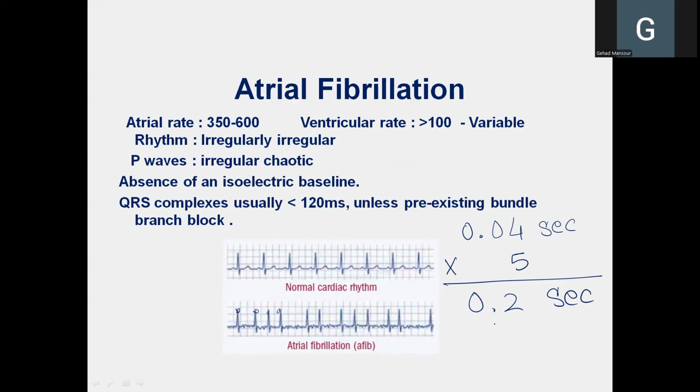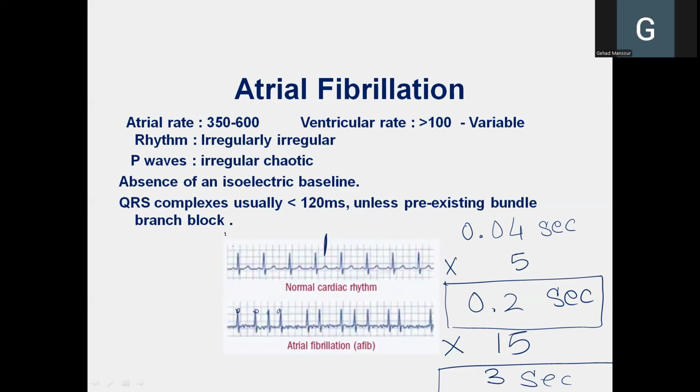If you have 15 big squares, then you multiply 15 by 0.2, 15 by 2 makes 30, so by 0.2 this means 3 seconds. So every 15 big squares form 3 seconds. So when you count 1, 2, 3, 4, 5, 6, 7, 8, 9, 10, 11, 12, 13, 14, 15.